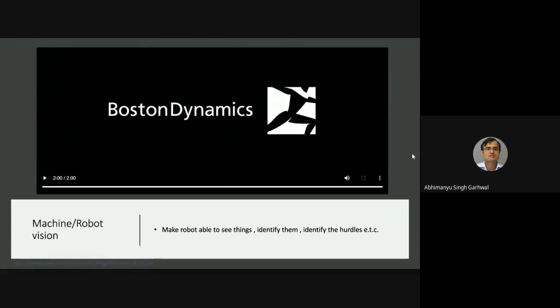So that is a very interesting application of image processing.